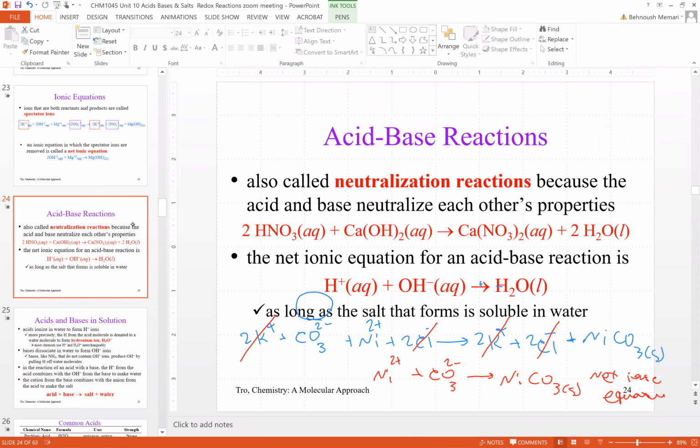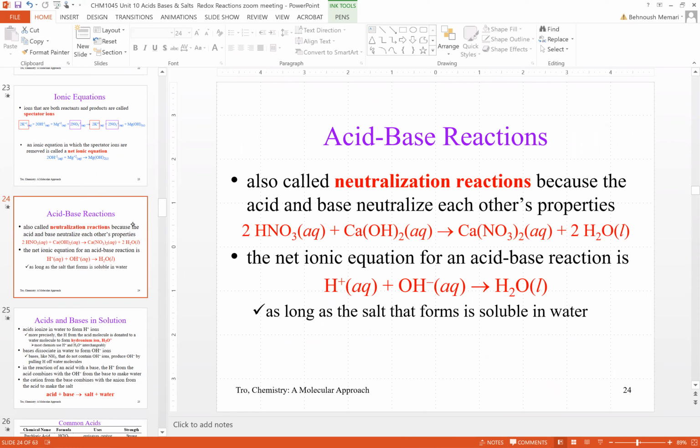Okay, the next type of reaction is the acid-base type reaction. In an acid-base or neutralization reaction, you add an acid to a base or a base to an acid in order to neutralize it. So nitric acid with calcium hydroxide, which is a base, gives you salt and water.